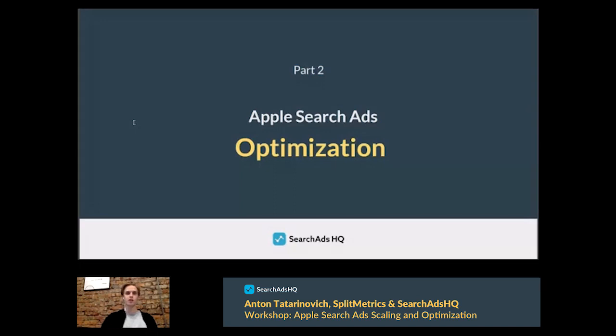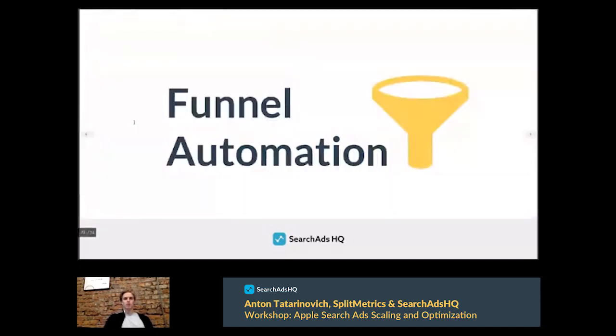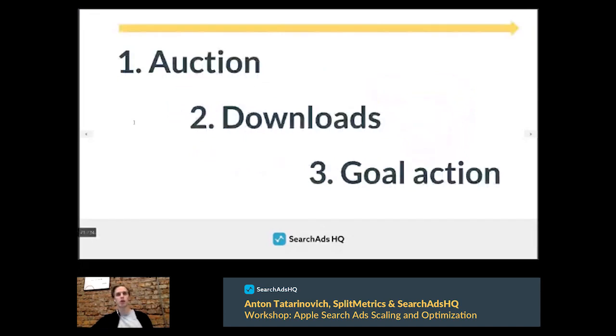Now, let's go to optimization. So optimizing your Apple Search Ads in a nutshell is basically simply optimizing each step in your conversion funnel, right? From an auction to your download to finally your in-app goal action, like subscription purchase, whatever that is.